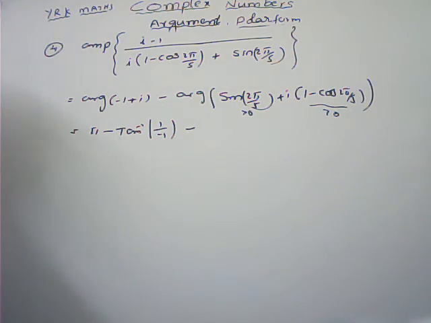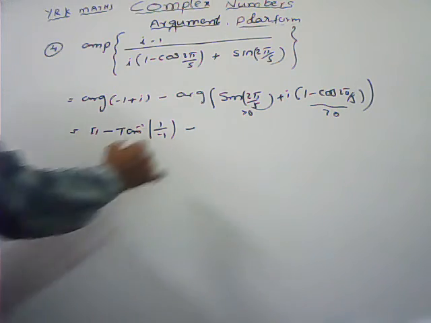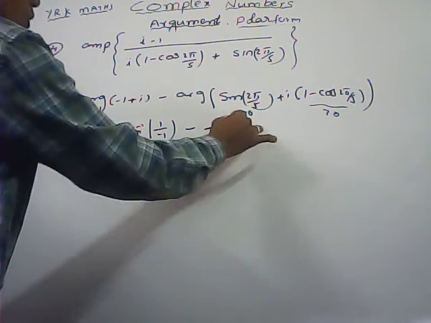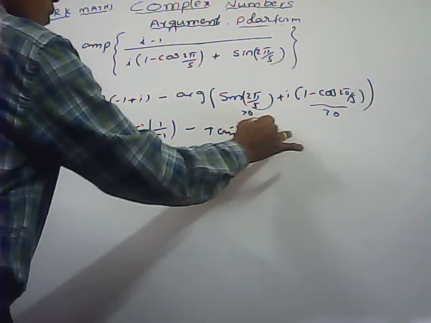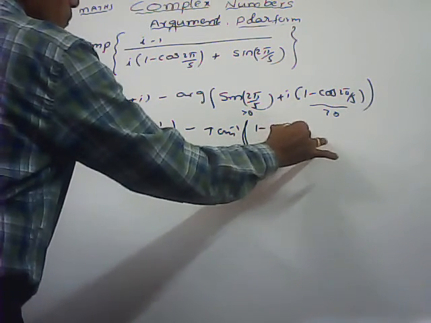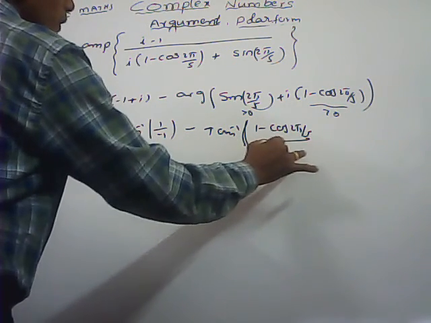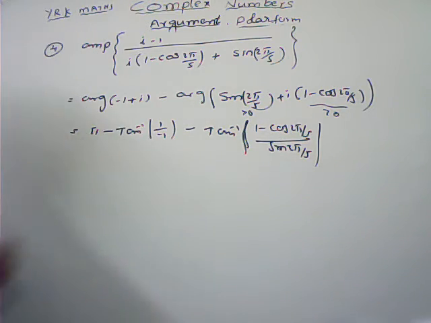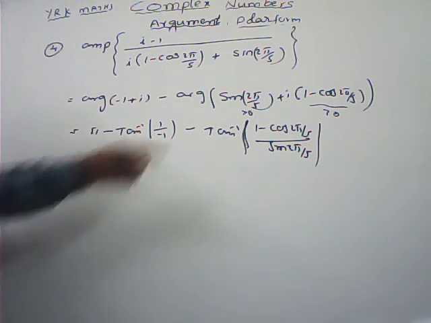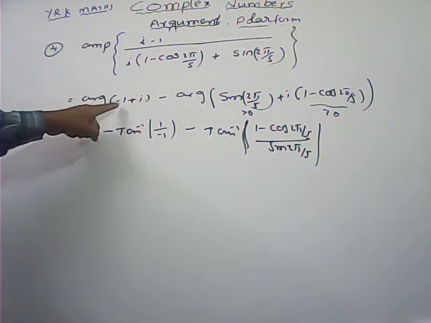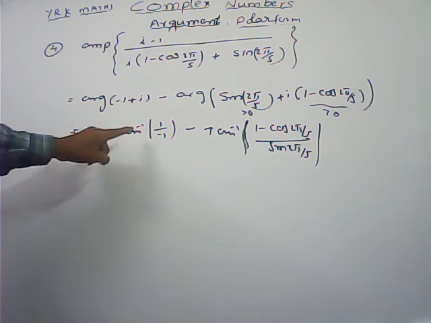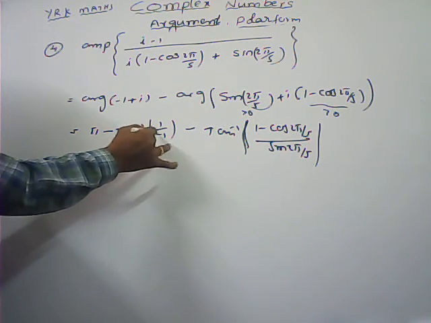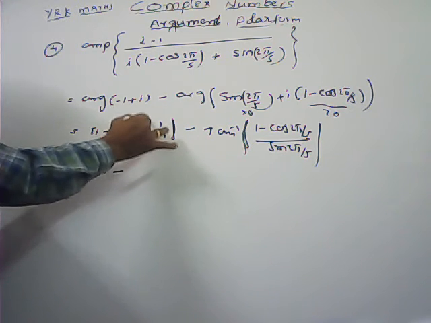So it belongs to the first quadrant. What about the argument? Tan inverse modulus of y by x, 1 minus cos 2 pi by 5 by sin 2 pi by 5. In the first quadrant, theta is equal to alpha. Here theta is equal to pi minus alpha only. Pi minus tan inverse 1. Here either positive or negative we can consider.